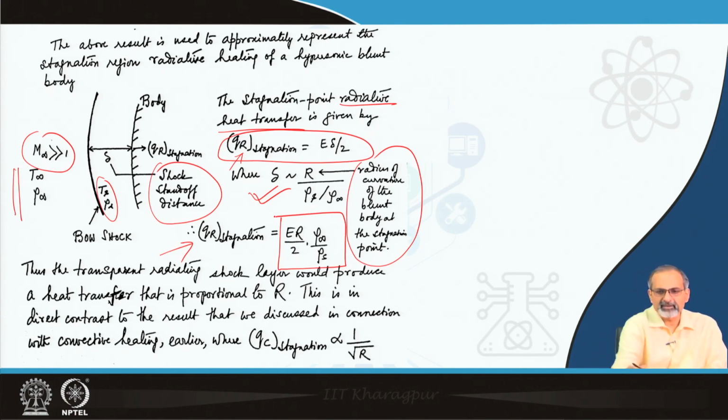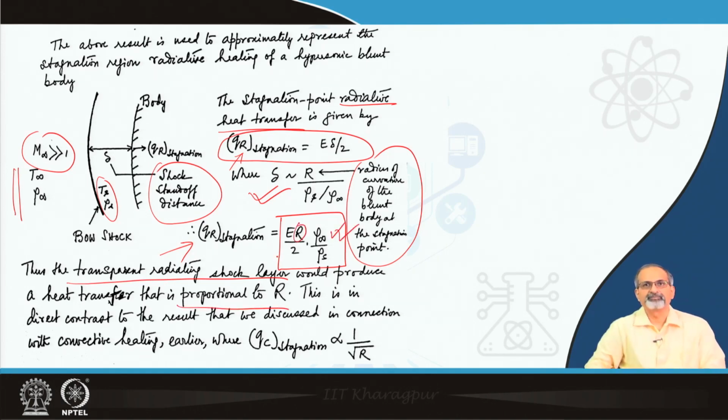Therefore, the transparent radiating shock layer would produce a heat transfer that is proportional to R, which is evident from this equation.